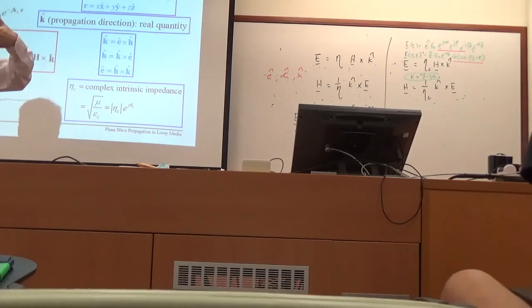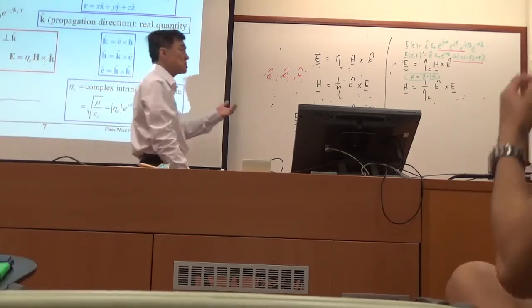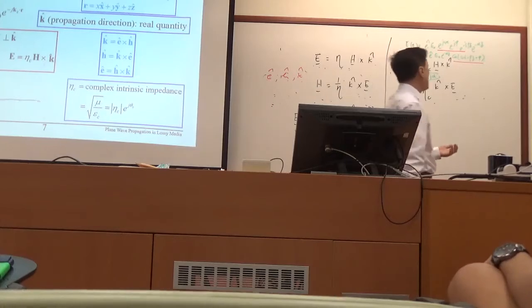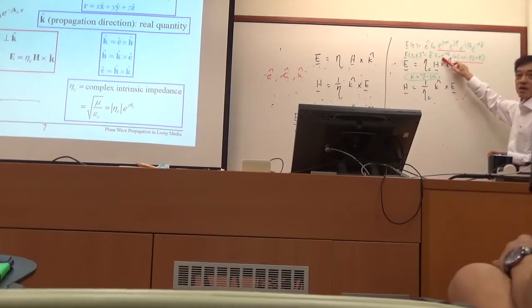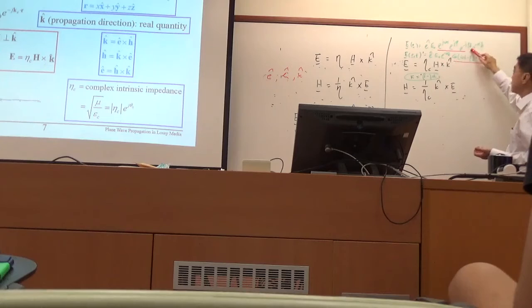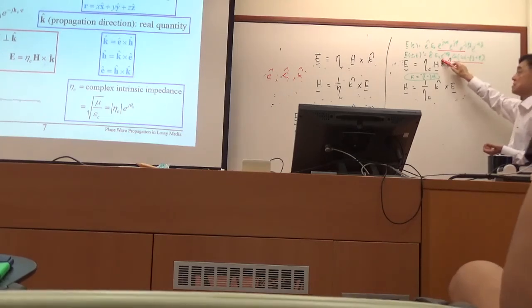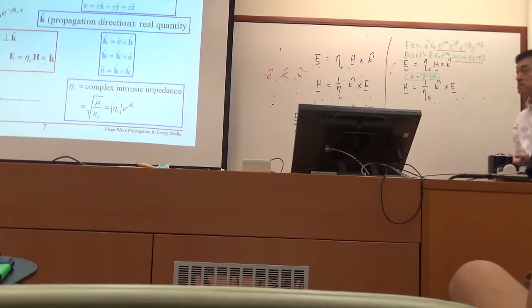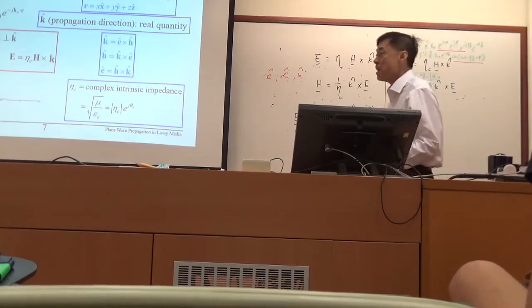Phasor is equal to cosine theta plus j sine theta, so you take the real part of it and it becomes cosine. But the e^(-alpha z) is not part of the phasor because this is real. This is not an imaginary or complex number. So it should be retained outside here. That's all.